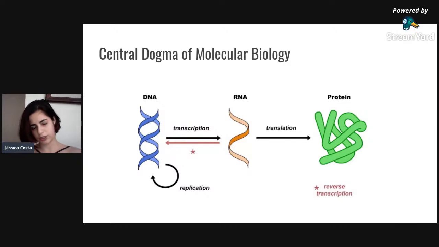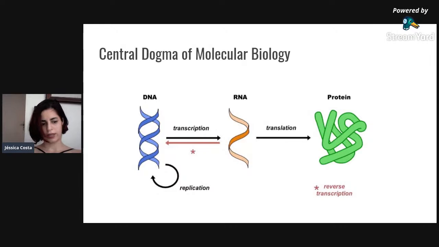DNA passes information for RNA. RNA copies this information and makes proteins. This scenario is called translation. RNA makes proteins. Translation.